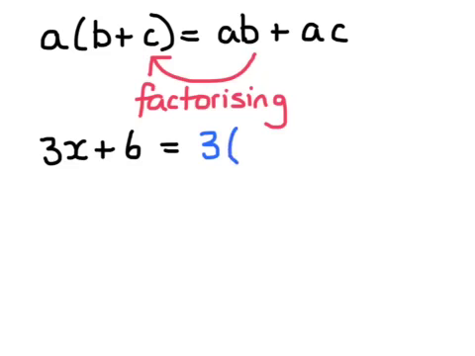What do I multiply 3 by to get 3x? The answer is x. For the second term, what do I multiply 3 by to get 6? That would be plus 2.